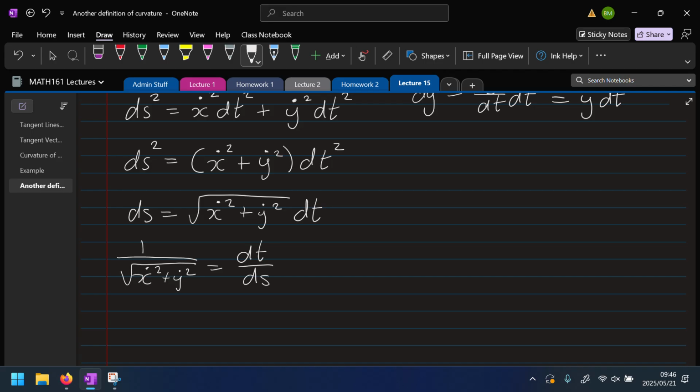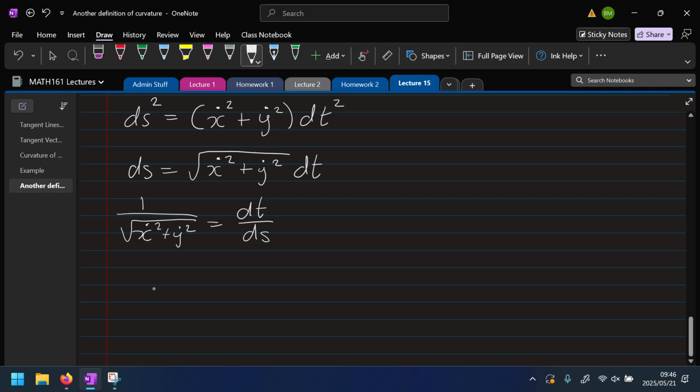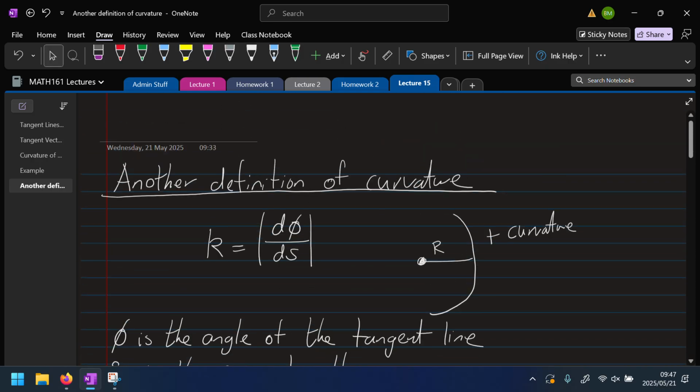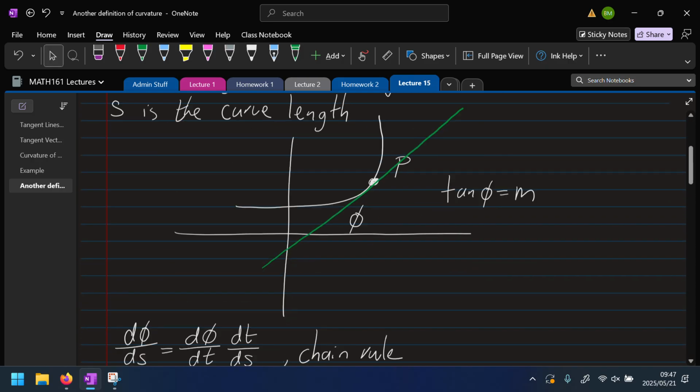And finally, we can put everything together. So d phi by ds, that was d phi by dt. We did that earlier. dt by ds, we just finished that over here. So d phi by ds, this is going to be, or we can put the absolute value from the beginning here. Just put the absolute value there.